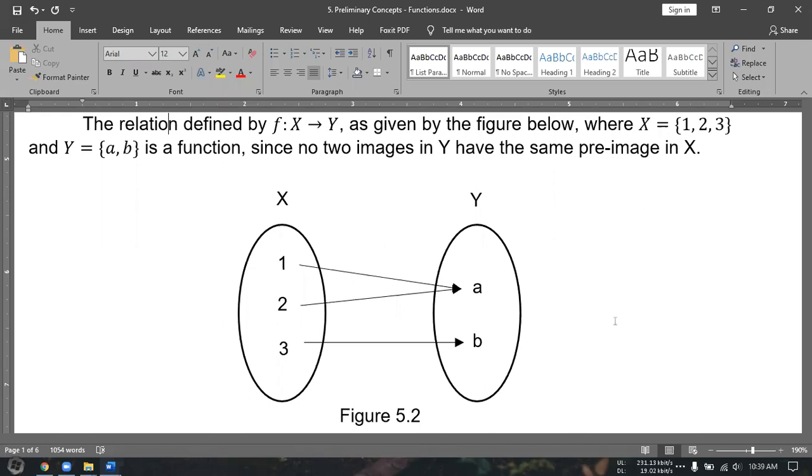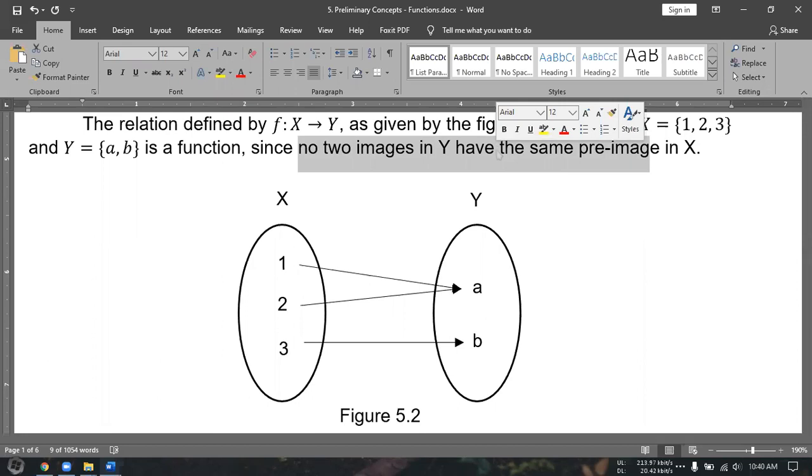And still, a many-to-one relation is a function. Furthermore, no two images in y have the same pre-image.